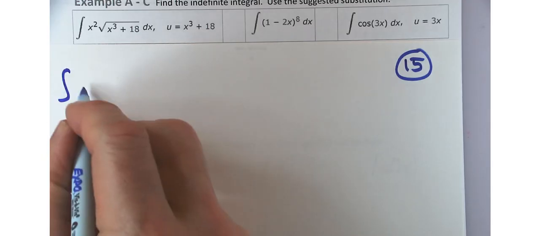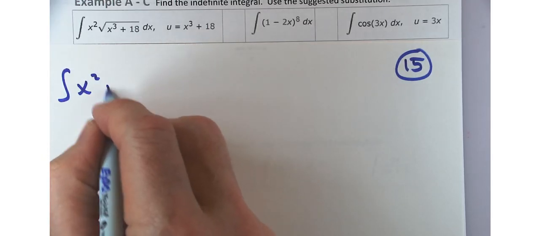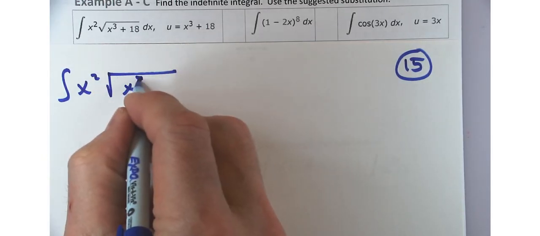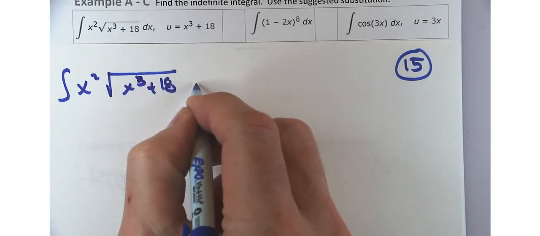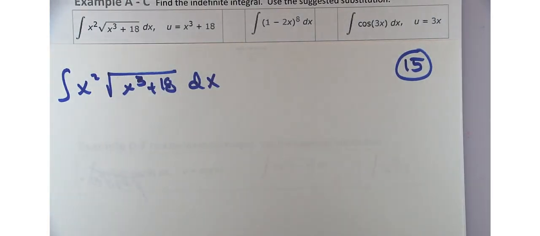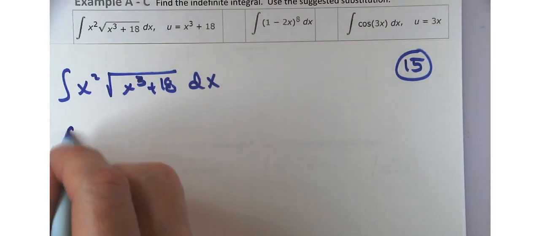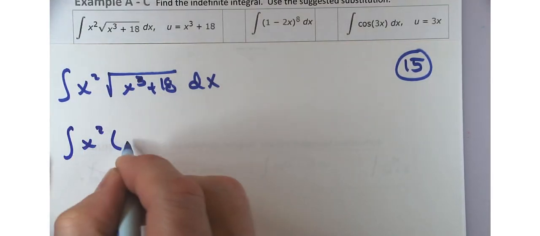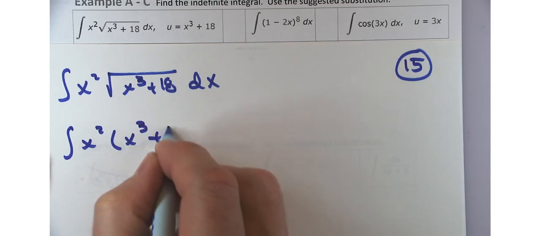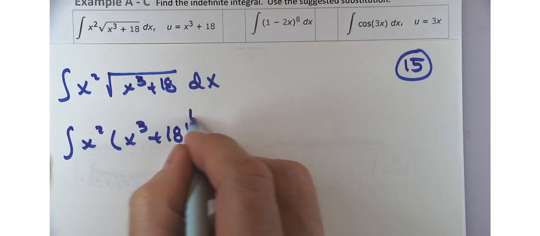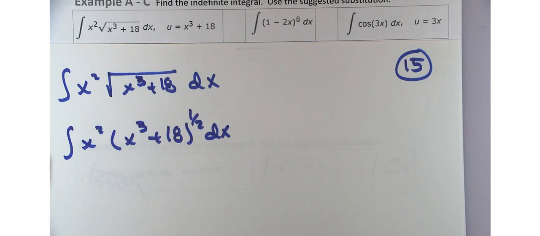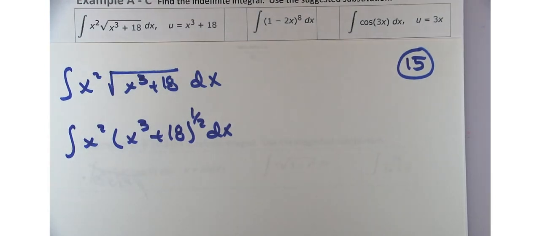So I've got the integral of x squared times the square root of x cubed plus 18 dx. Now, if your first inclination is to say, all right, well, I know that at some point I'm going to appreciate having that written with exponents as opposed to a radical, that's fine. That's not bad. It's a good place to start.